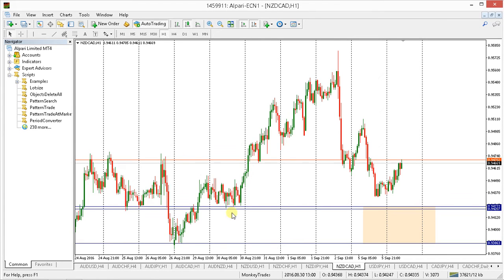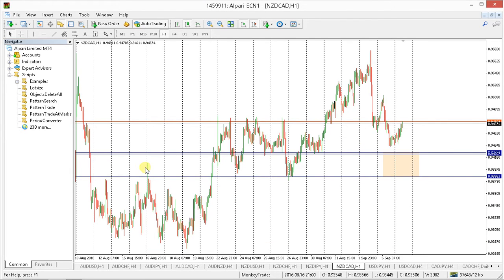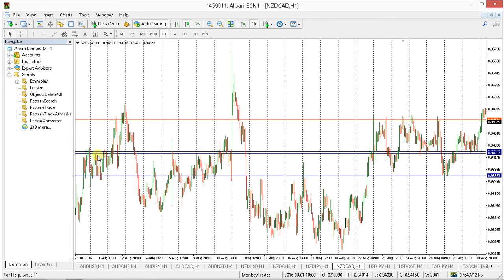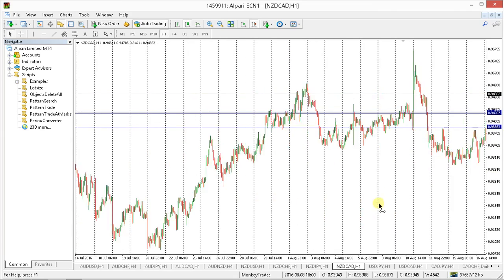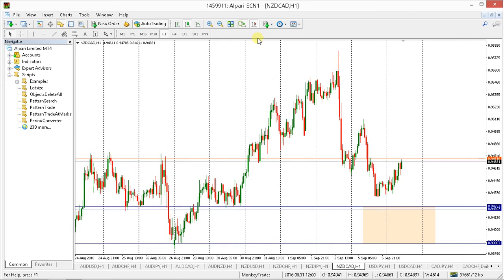Or sorry, support level? Like that. It supported price once, twice, and if you believe that history repeats itself, it should support it the third time. Let me see if it was supported even. Yes, it acted as resistance here, here, here, then it was violated several times. So it is one of the major support-resistance levels.